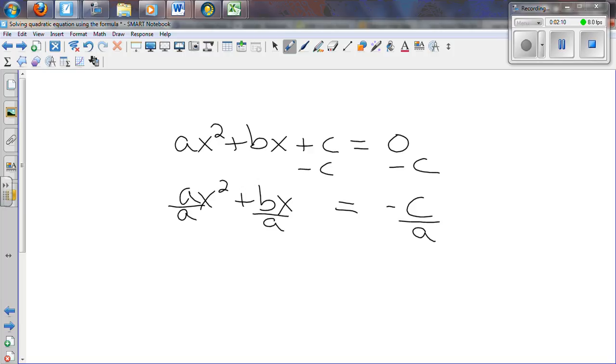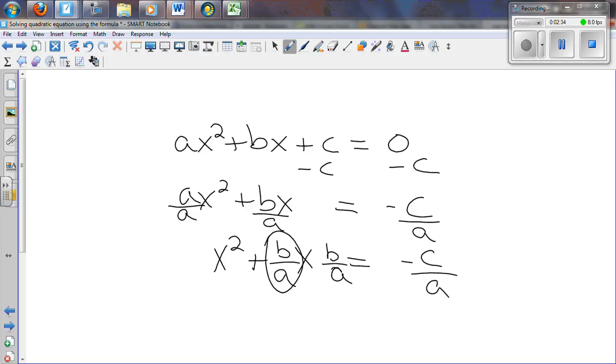My new next step is x squared plus b over a x equals negative c over a. Now I'm actually going to complete the square. If you remember, completing the square is taking b over a here, taking half of that, so I'm going to put the 1/2 like this, and then squaring that.